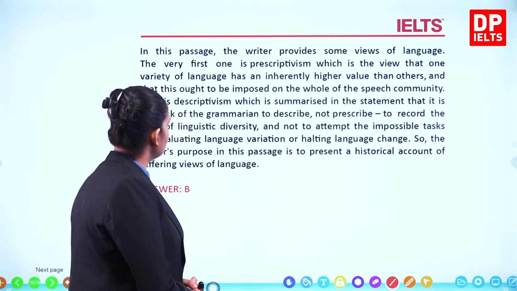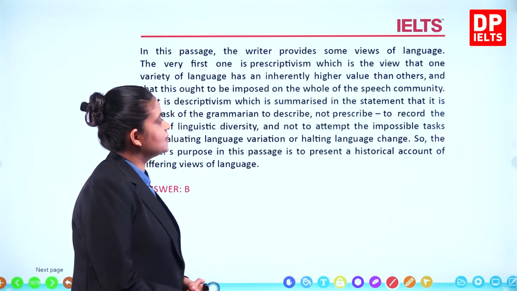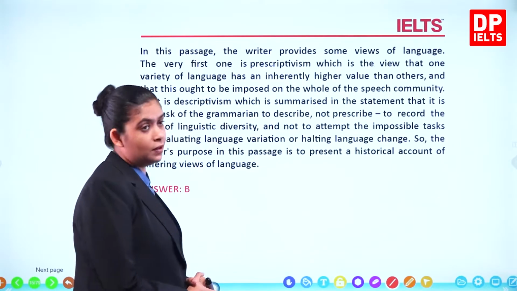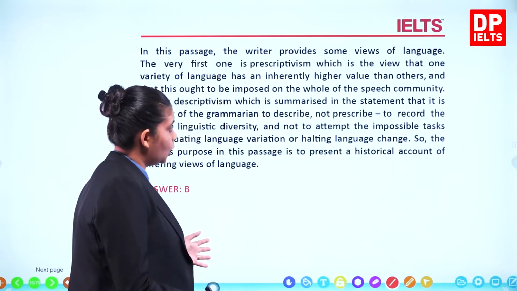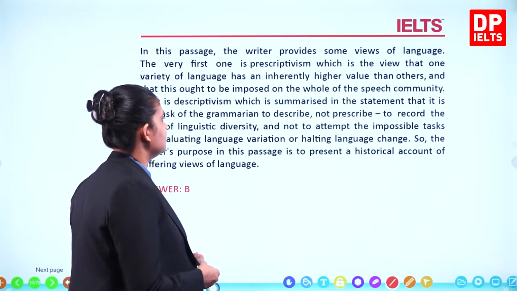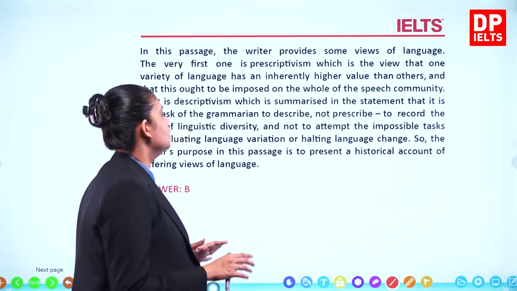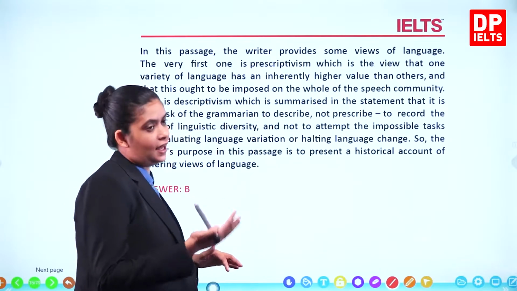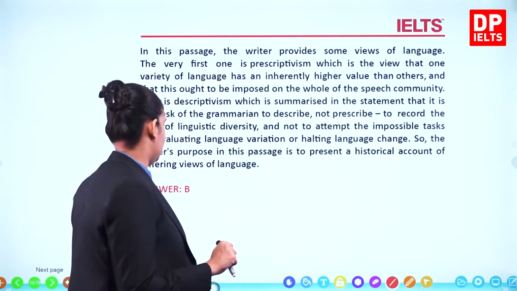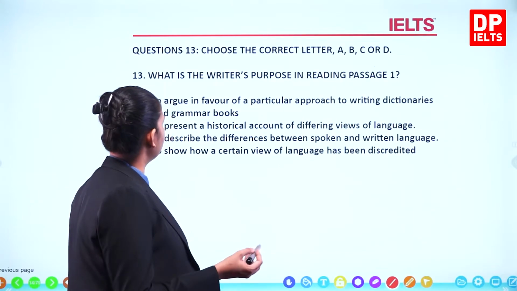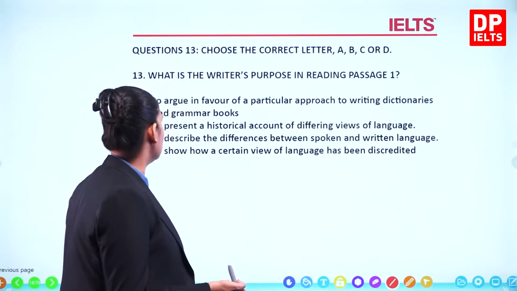Next is descriptivism, which is summarized in the statement that it is the task of the grammarian to describe, not prescribe, to record the facts of linguistic diversity and not to attempt impossible tasks of evaluating language variation or halting it. So if you have a look at it, to argue in favor of a particular approach, not really.